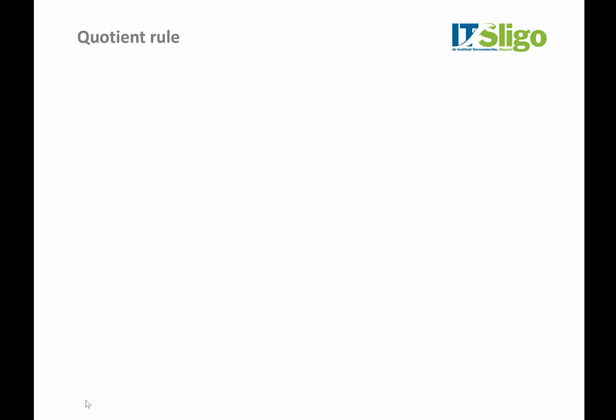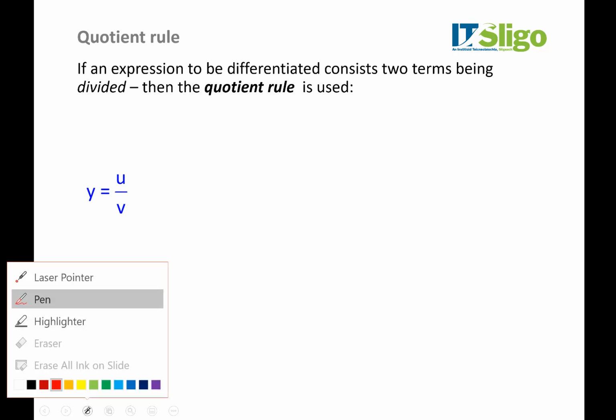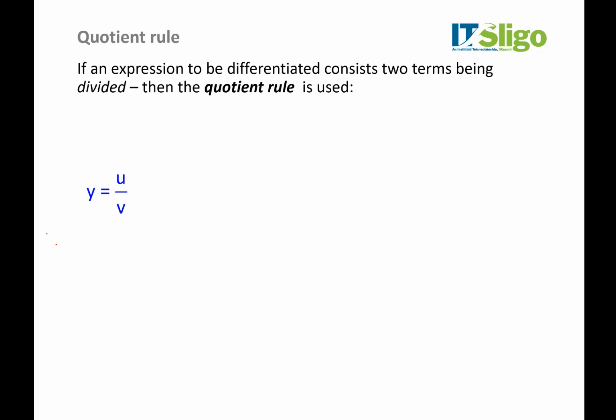Now we'll take a look at the quotient rule. If two terms have been divided, then we use the quotient rule. So it's the exact same setup as the previous examples, the summation rule and the product rule. But the derivative is just a little bit more complex. v du dx minus u dv dx all over v squared.